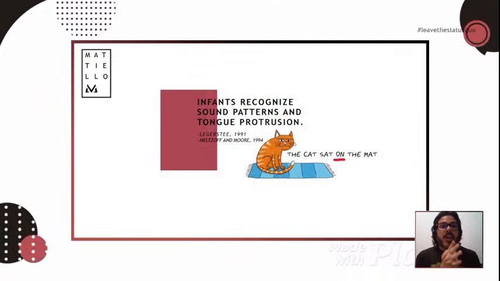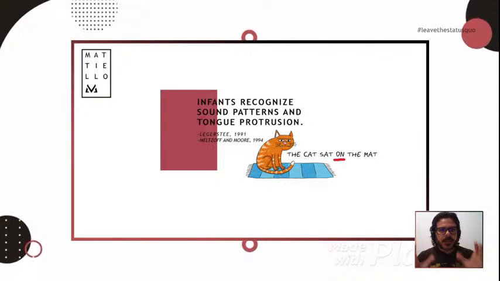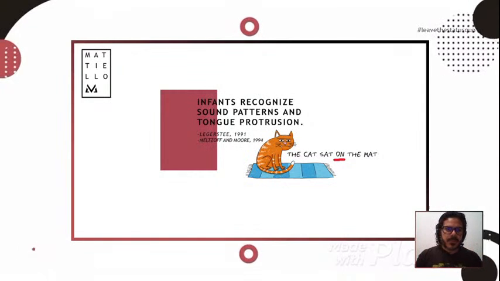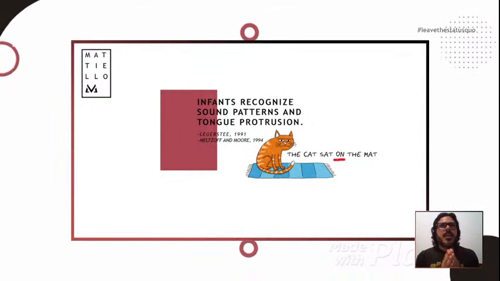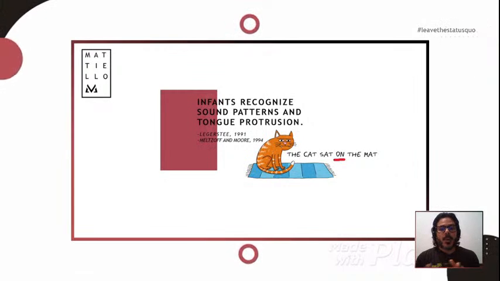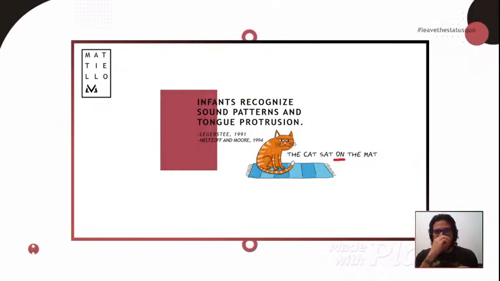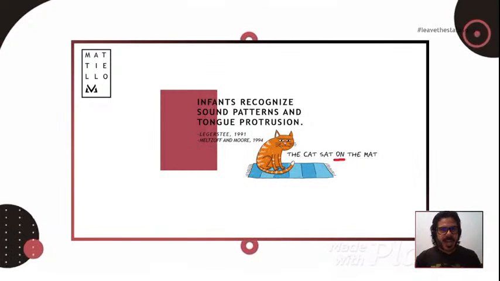All right. So the very first thing we have to understand, Maria Legersti and Meltov and Moore, Legersti in 91, Meltov and Moore in 94, they came to a conclusion that infants recognize sound patterns and tongue protrusion. What does that mean? This means that kids don't realize whether we're using a preposition or not.